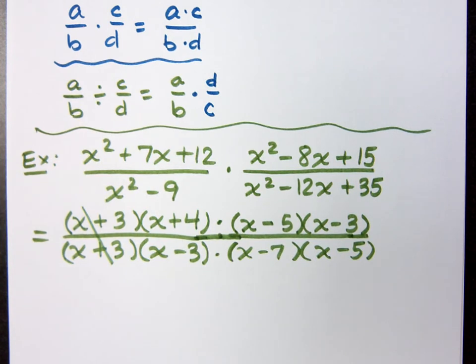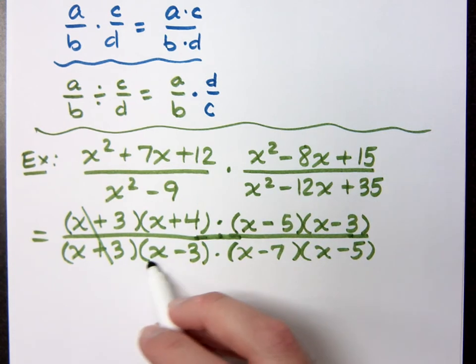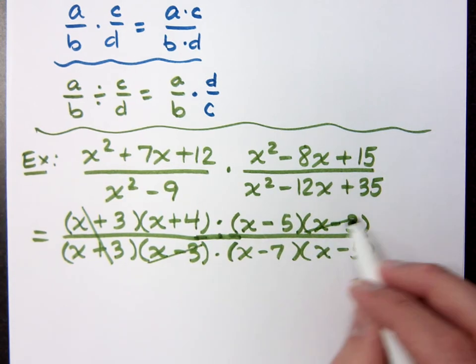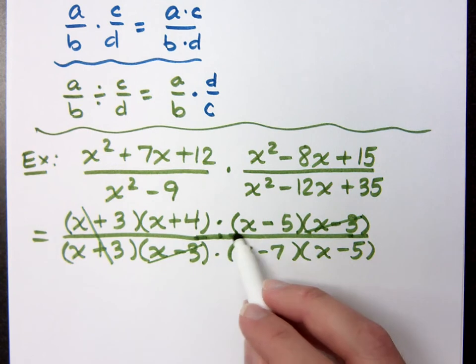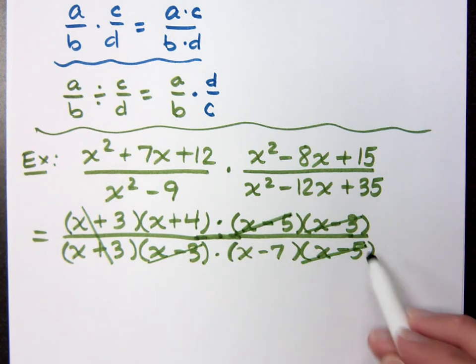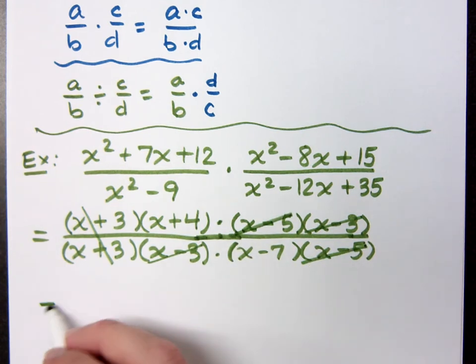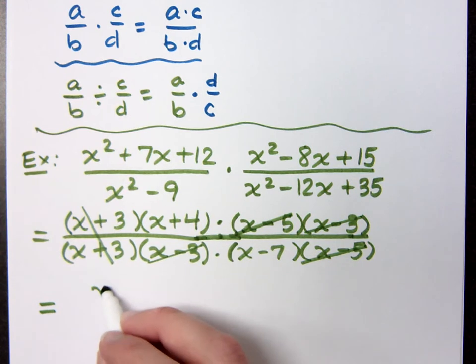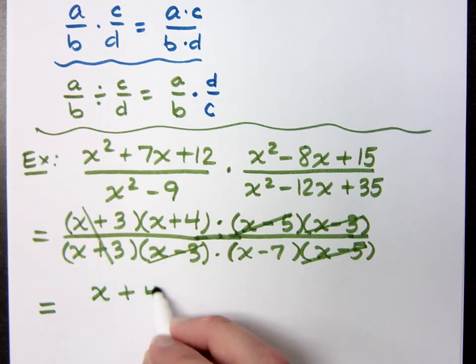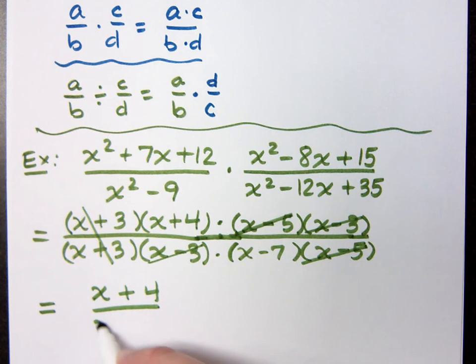What else can reduce? X minus 3, because you have one factor in the denominator, one in the numerator. What else? X minus 5. So what are we left with? We have x plus 4 over x minus 7.